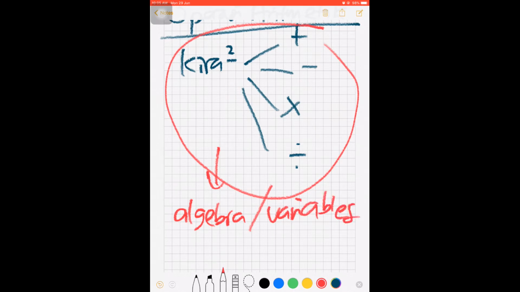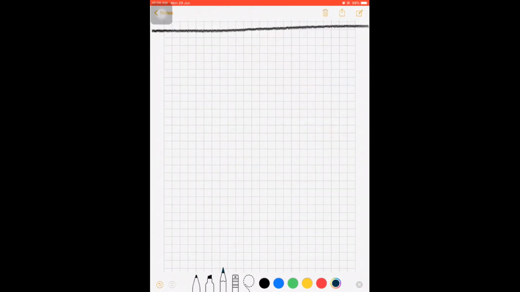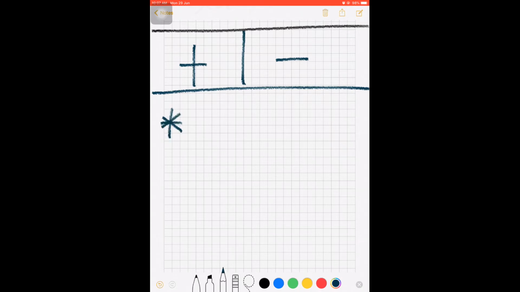Okay, so we will start with addition and subtraction, because it's easier than darab and bahagi, easier than times and divide. When it comes to adding and subtracting, tambah and tolak, algebraic expressions, you kena tahu satu benda je.